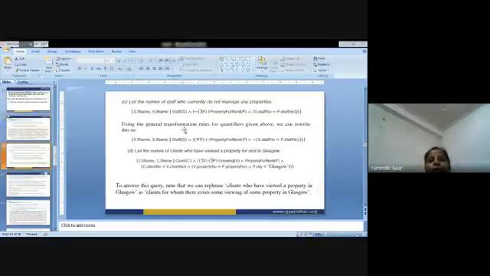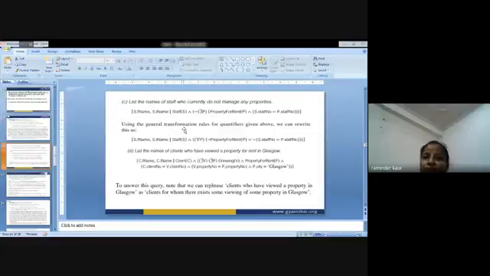This is the third query. List the names of staff who currently do not manage any properties. So this could be the query. Staff.firstName, staff.lastName | Staff(s) and not there exists a property, that is PropertyForRent(p), and s.staffNo equal to p.staffNo.